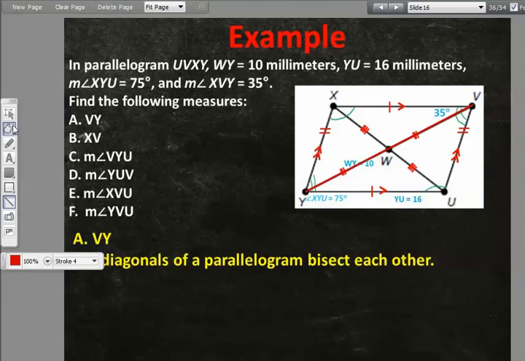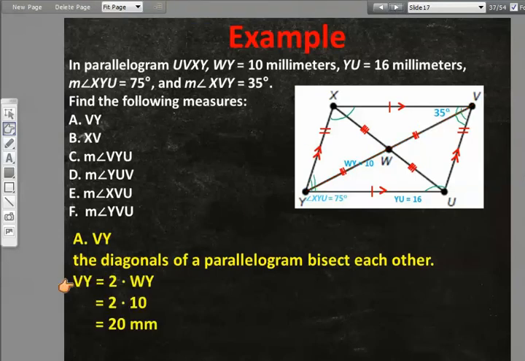If we know this side of it, WY equals 10, that means WV also equals 10. So I put VY equals 2 multiplied by WY. 2 times 10 equals 20. You could have also said 10 plus 10, or WY plus WV, and solved it that way.